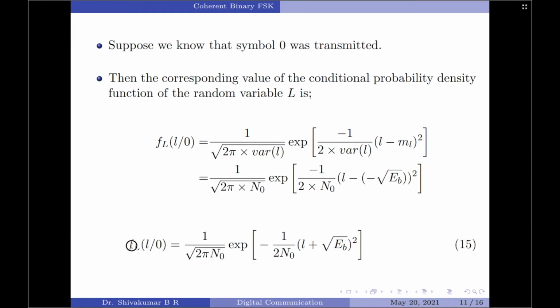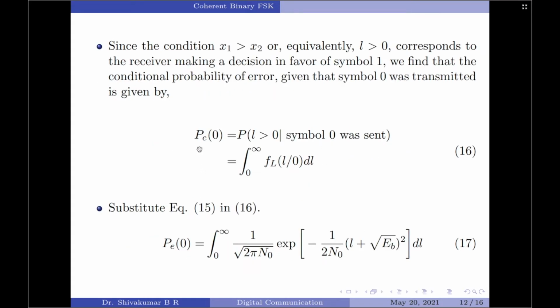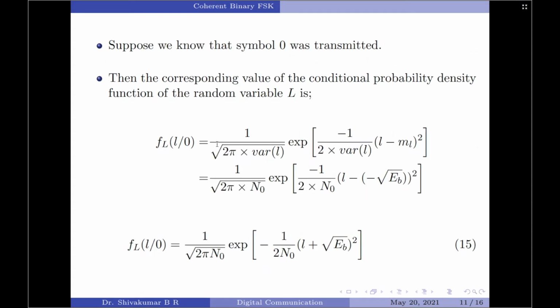Now, to find the probability of error, we need to integrate the likelihood function over the region Z1. So, what I will now do is take Pe of 0 equal to the probability that L is greater than 0. Now, why I should take L greater than 0 is because I am trying to find the probability of error. Please note, we have transmitted symbol 0 and the receiver has decided in favor of symbol 1.